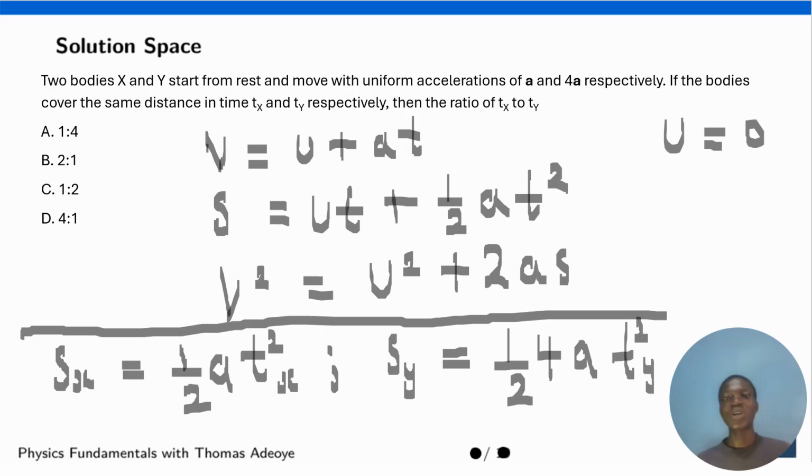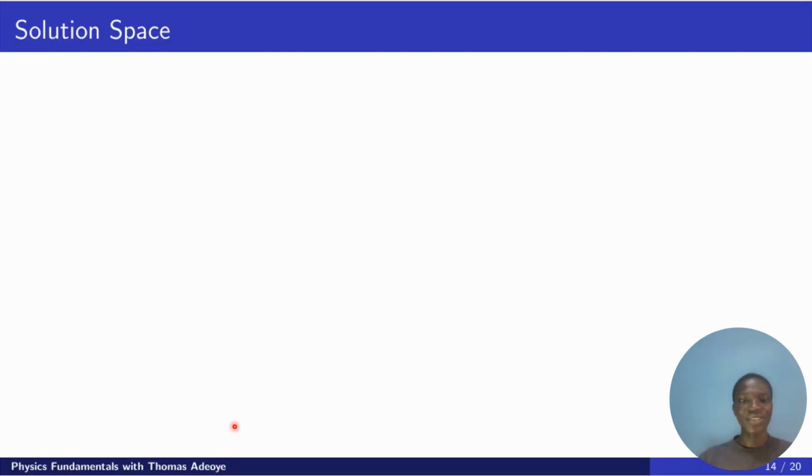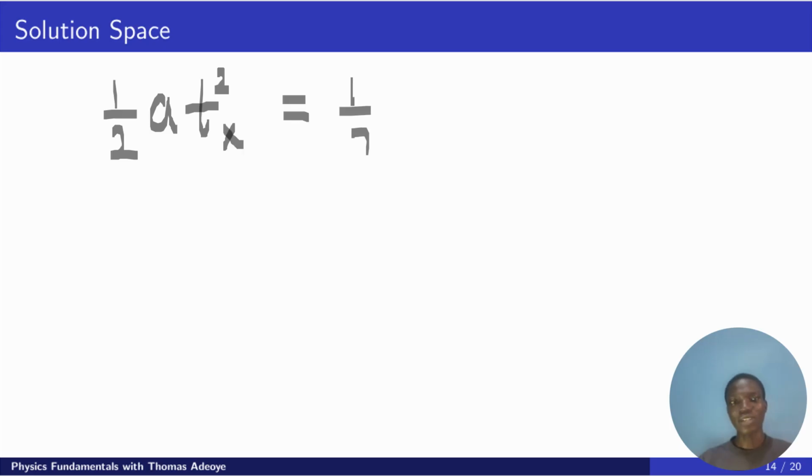Mind you, we were told that they cover the same distance, and because of that, we can say that this is the distance for car X and this is the distance for car Y. So we can say that this equation is equal to this equation because they cover the same distance. Now, using the next slide, I can say that 1 over 2 A Tx squared will be equal to 1 over 2 times 4A Ty squared.